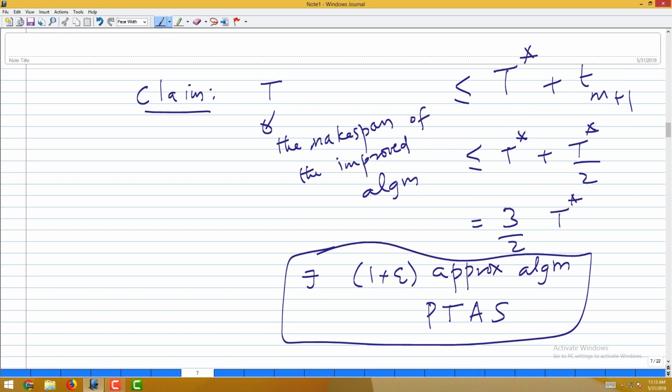Then you should ask, why don't I put epsilon equal to 0? Do I get the optimum? There is somewhere I should pay. Where do you think I should pay the cost? The running time will increase, something like n power 1 by epsilon. So, as you want closer and closer to the optimum, the running time will increase.